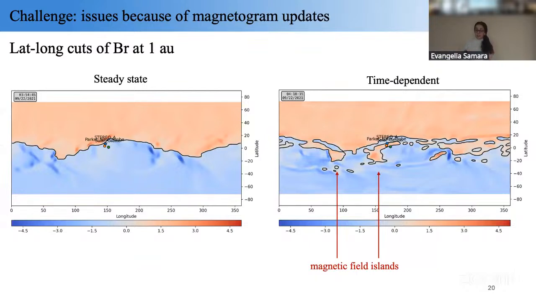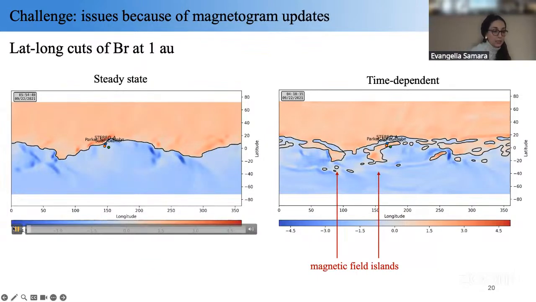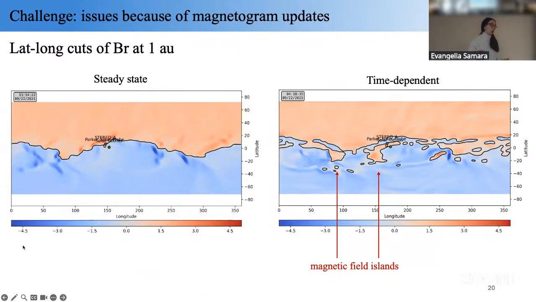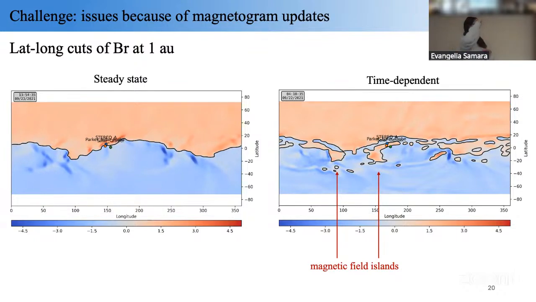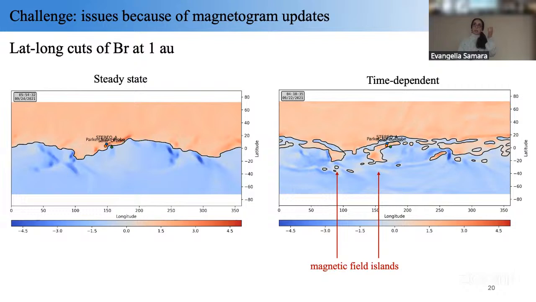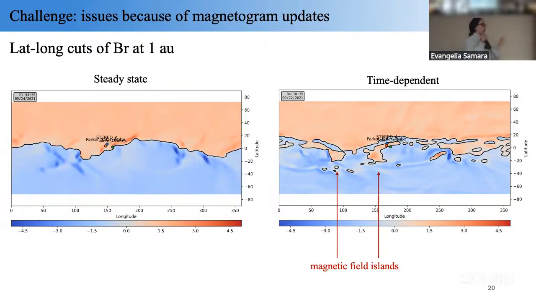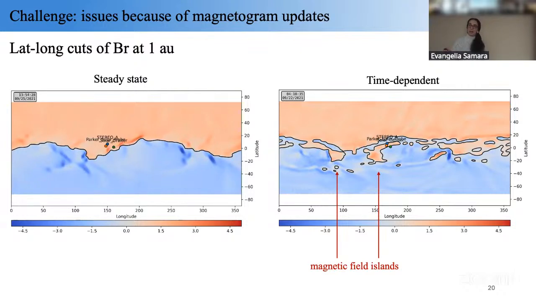So in the steady-state approach, what we have on the left-hand side is, since we did everything with only one magnetogram, we know what the magnetogram gives us, like specific predictions for the positive polarity in red, the negative polarity in blue, and specific structure for the heliospheric current sheet that is shown with this black line.